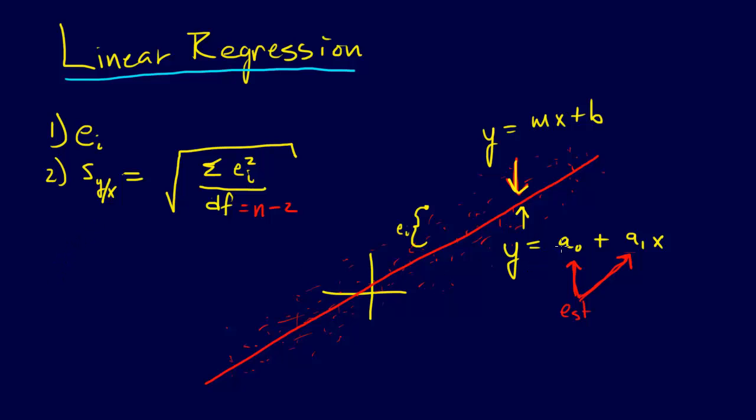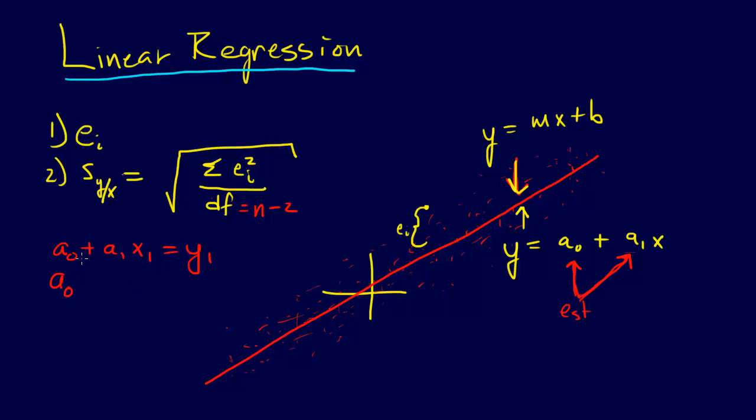We want to know a naught and a1, so we write a naught plus a1 x1 equals y1.